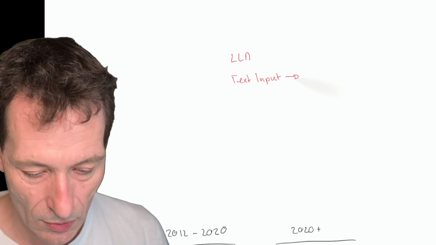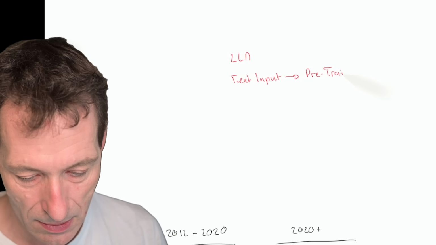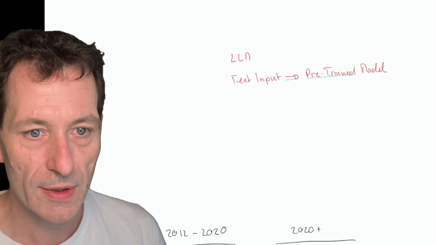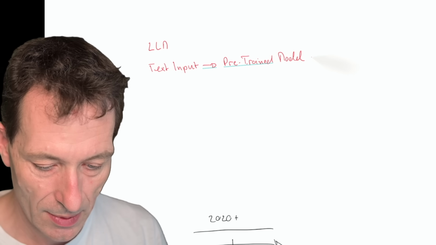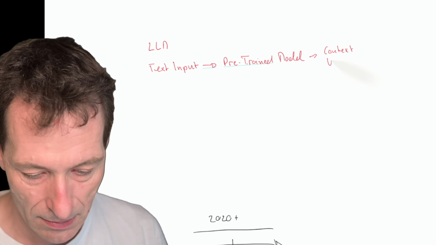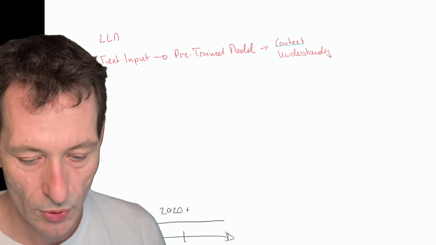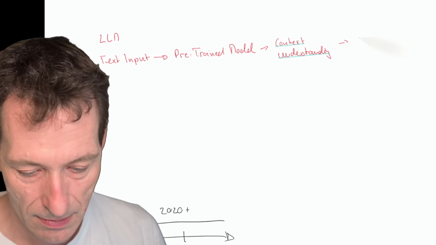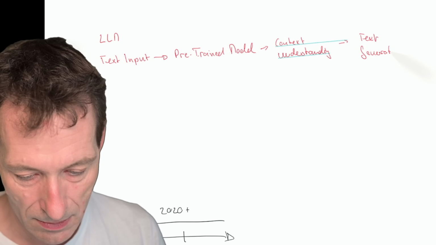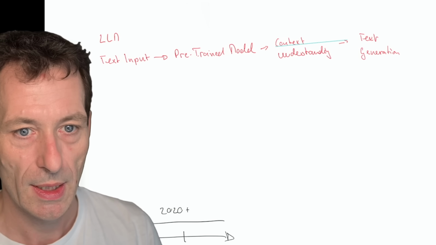This goes to a pre-trained model. And this model makes some context understanding. And then it produces a text generation. It produces essentially tokens, but this is not important at the moment.